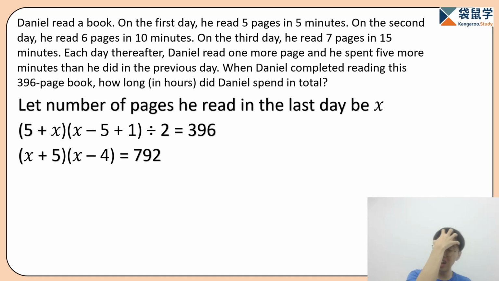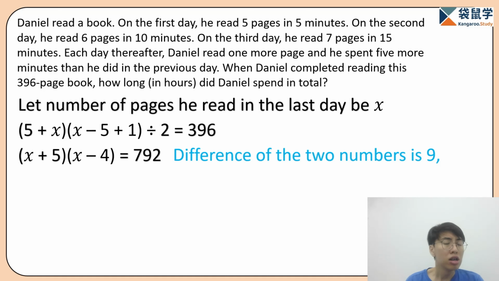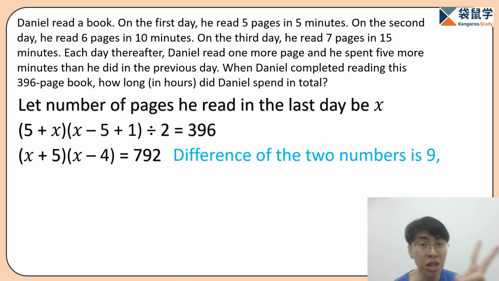Oh, and from here we realize the difference between the two values here is just 9. So we know that two numbers with a difference of 9 multiplied together gets us 792. All we have to do is just try one by one.